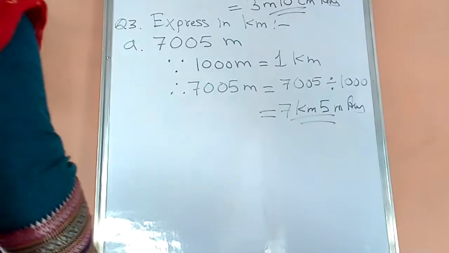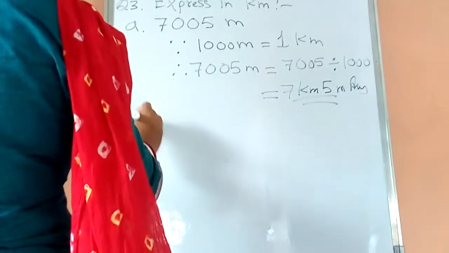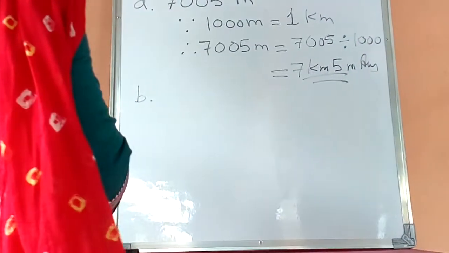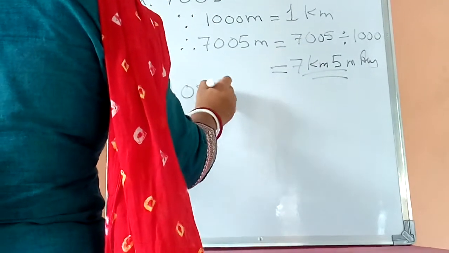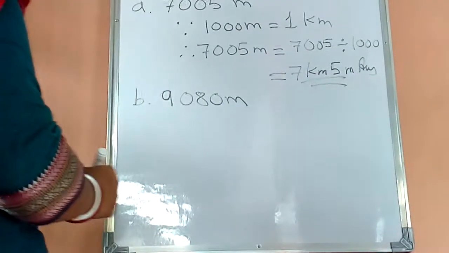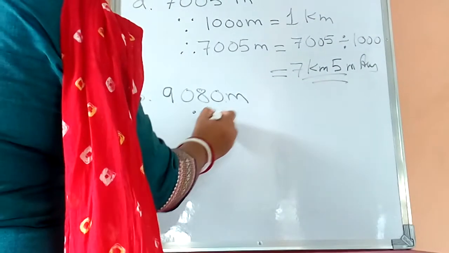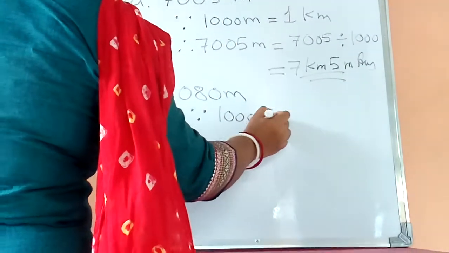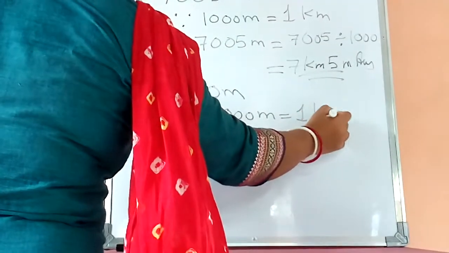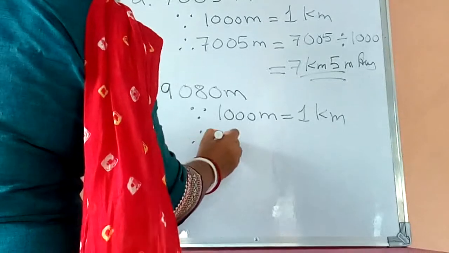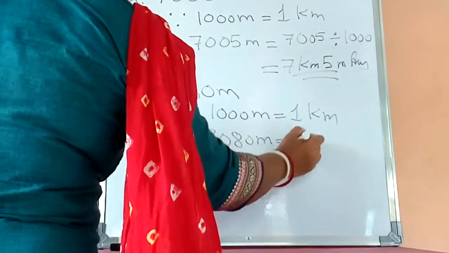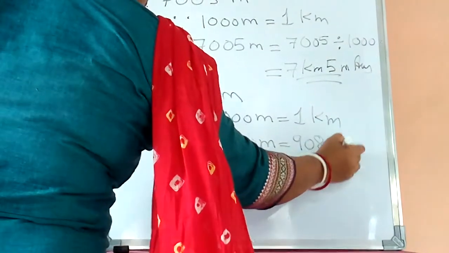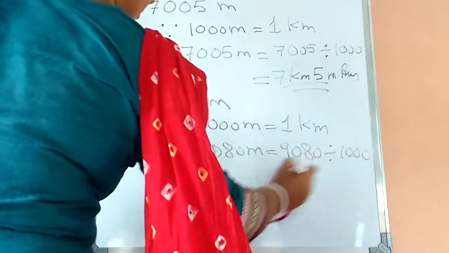Okay. Now one more we will do for this. 9080 meter. Okay. So what you will write? Since 1000 meter is equal to 1 kilometer, therefore 9080 meter is equal to 9080 divided by 1000.